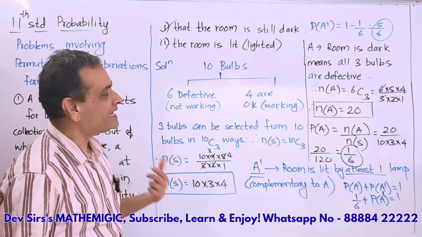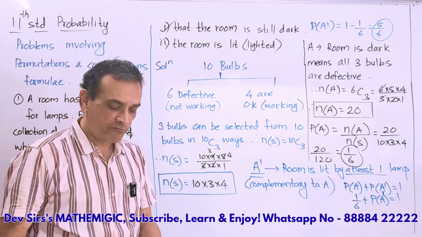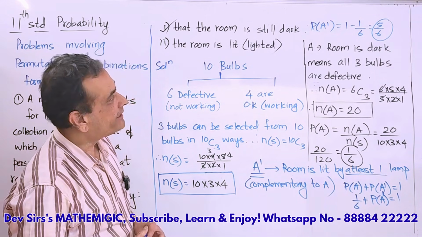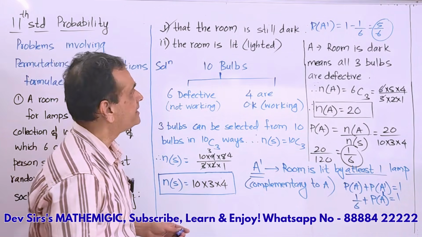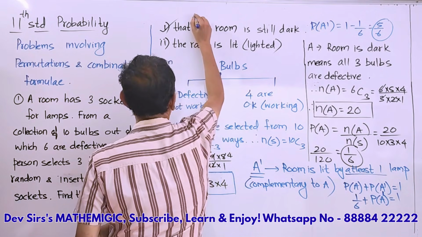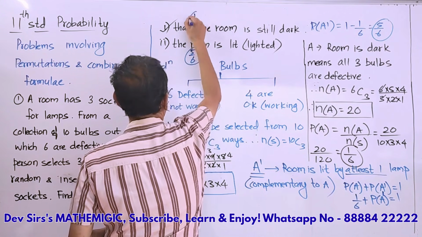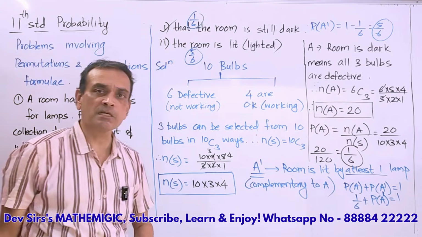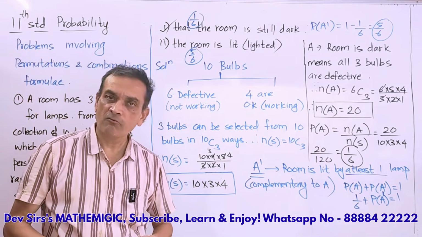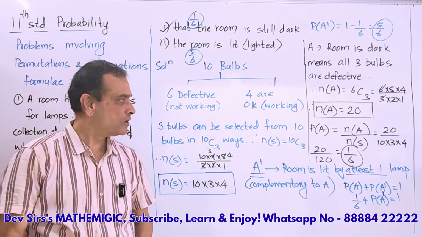So the probability that the room is lighted is 5 by 6 and the probability that the room is dark is 1 by 6. This one's answer is 1 by 6, this one's answer is 5 by 6. If you add both the probabilities, the sum is 1 for complementary events.